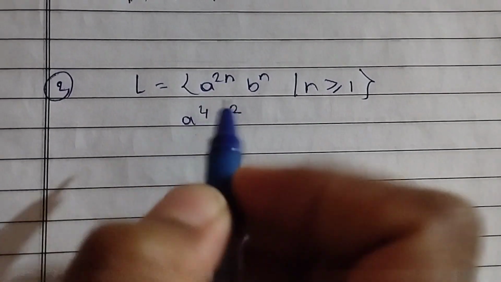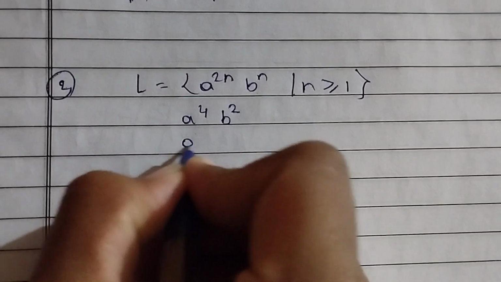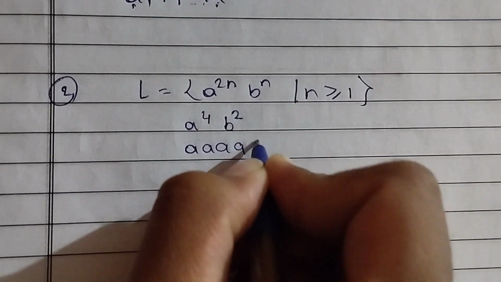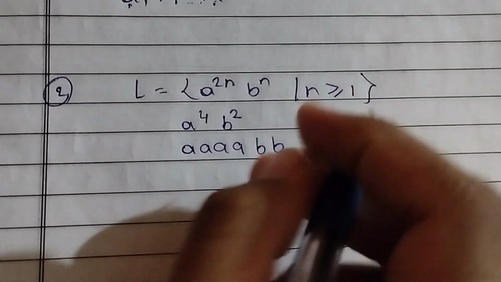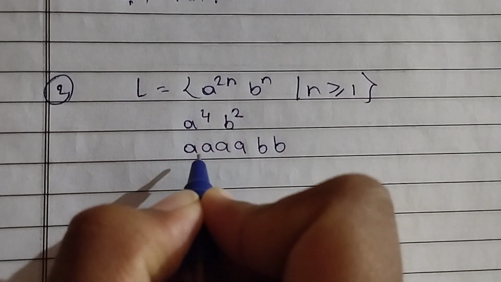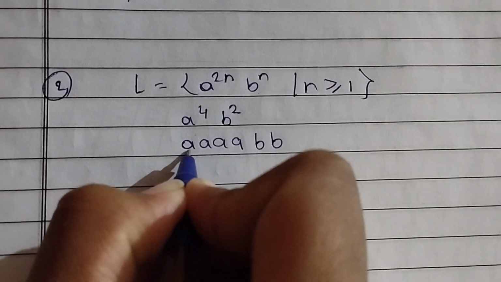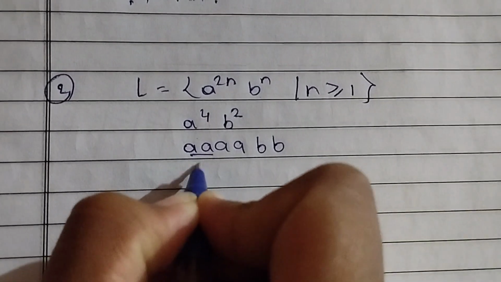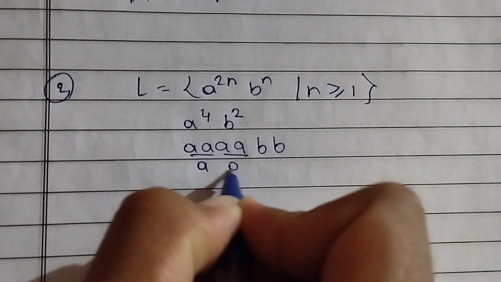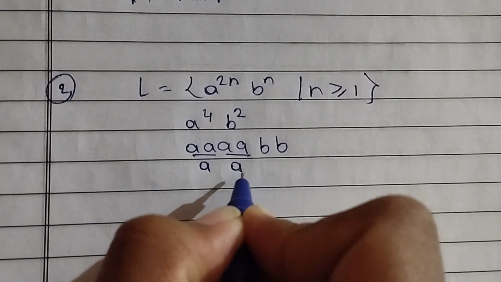So at that time this is the string. A raised to 4 means 4 times a, 2 times b. This is the string. So what we do here, for every 2 a's we push only 1 a. Then again for the next 2 a's we push only 1 a.